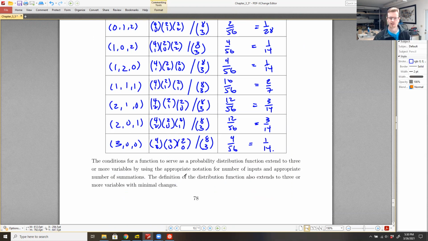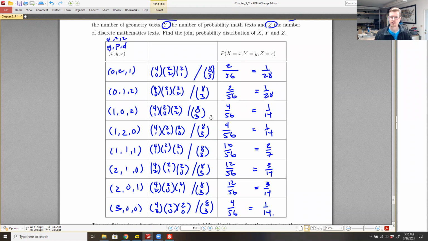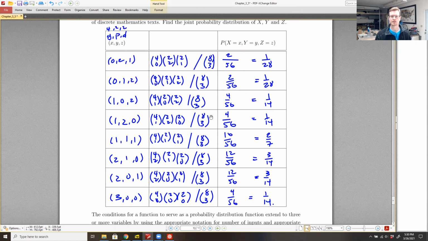And then finally, if I want to know if a function can serve as a joint probability distribution, I need all the probabilities to be non-negative, and I need the sum of the probabilities to be 1. If you were to check that here, you would indeed find that the sum is 1.